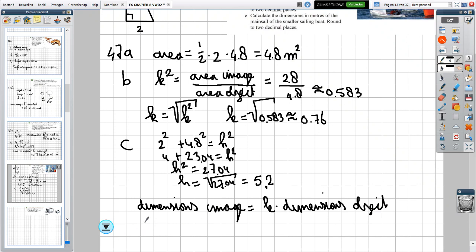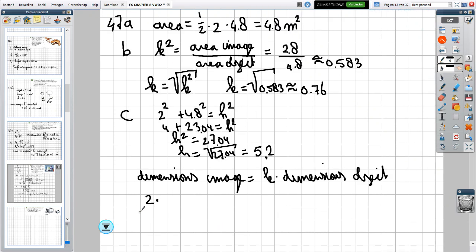So that means I'm going to do 2, 4.8, and 5.2. Right, those were the dimensions of my sail. This was the one adjacent edge, this is the other adjacent edge, this is my hypotenuse. Times my scale factor, which I've calculated at B, 0.76, 0.76, and 0.76.